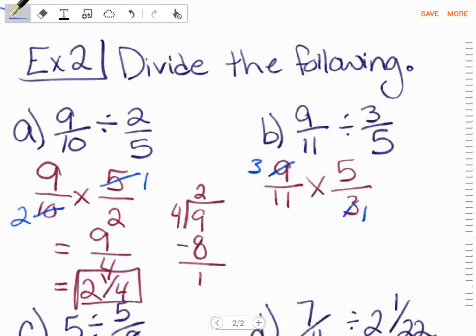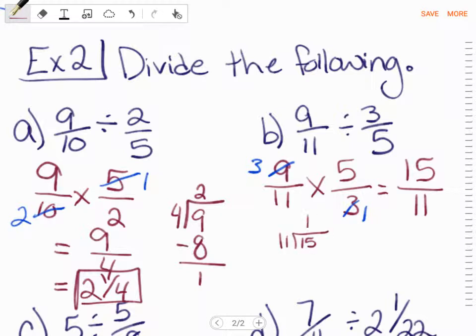So from here, we've got everything cross-canceled as far as possible. So I'm going to say 3 times 5 is going to give me 15. And 11 times 1 is going to give me 11. That is not going to change. I mean, anything times 1 stays the same. So now I have 15 over 11, which if I want to change that back to a mixed number, I've got to think of 11 going into 15.